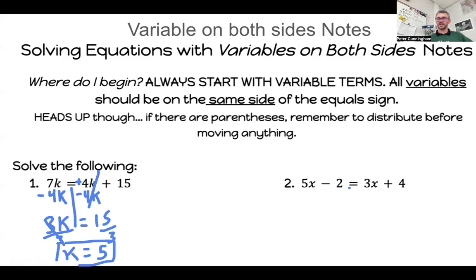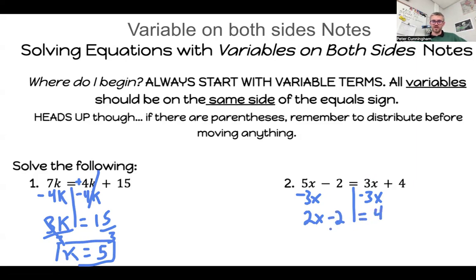Okay, again, right here, I have 3x on one side, 5x on the other. It wouldn't matter which one I decided to move. I just like to move the x's to one side and keep them positive if I can. So taking 3x away over here gives me 5 minus 3, which is 2x, minus 2 equals 4.